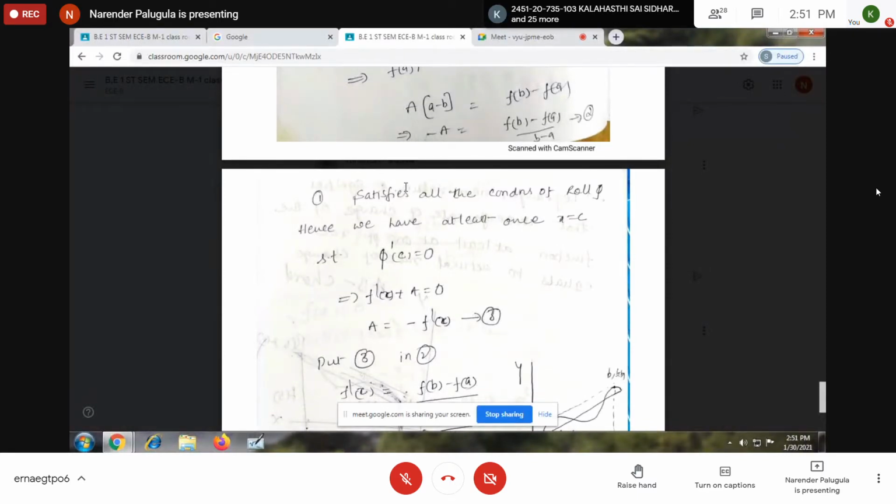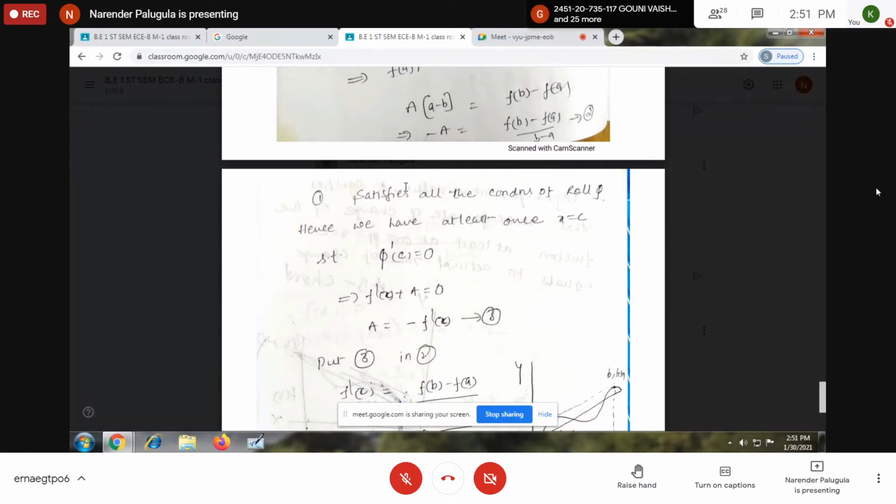The x function is a linear function, which is always continuous and differentiable, and f is also continuous and differentiable. So phi is a linear combination of two continuous and differentiable functions. Hence phi is also differentiable and continuous in the same interval.